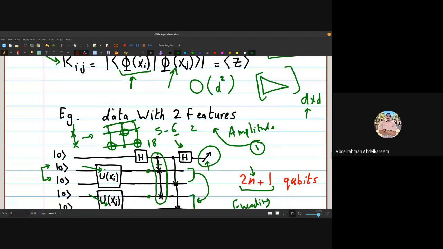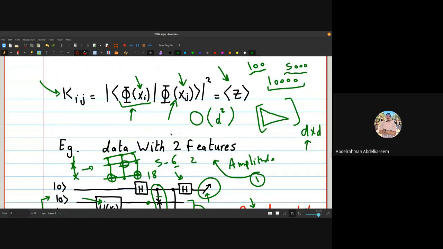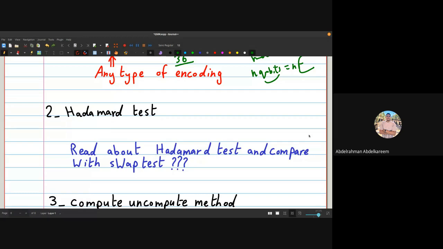The second method is the Hadamard test. It's more complex. I guess we can use fewer qubits by theory using a good encoding. Yeah, that's true. But in the task, when I told you to search about how you can initialize a unitary matrix for amplitude encoding, all of you said it's an expensive way to initialize a unitary matrix.